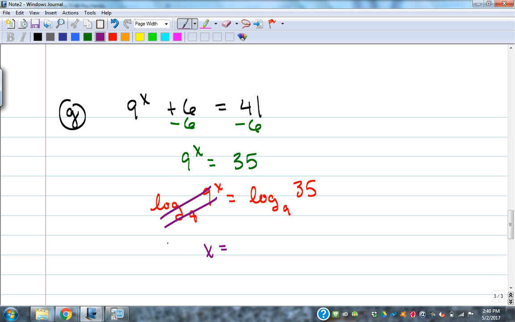Because the log base 9 and 9 cancel each other out. And there's log base 9 of 35. And I just need to get a decimal approximation for that. Between 1 and 2, because 9 squared is 81. It's 1 point something. 1.618.